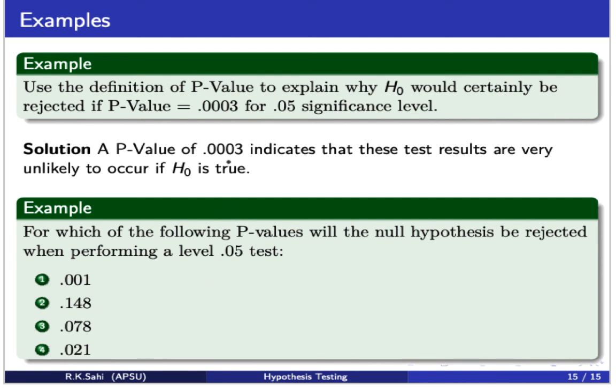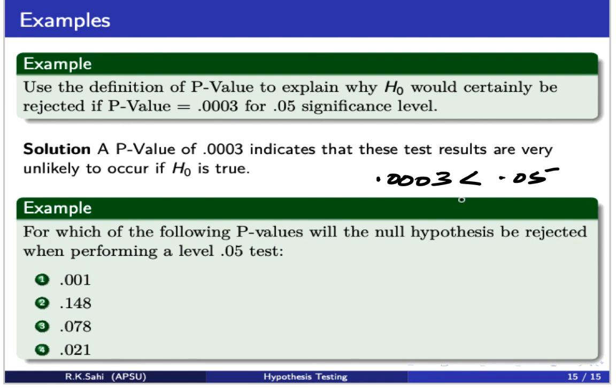So, using the definition of p-value, explain why the null hypothesis would certainly be rejected if the p-value is 0.0003 at a 0.05 significance level. Clearly, 0.0003 is very, very far off from 0.05.